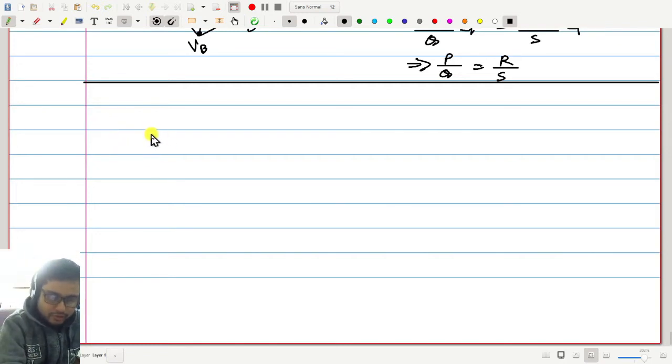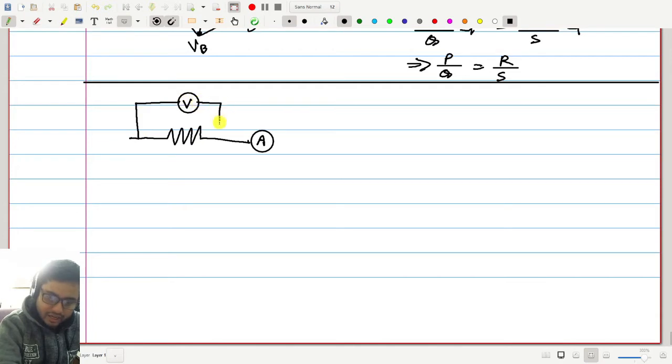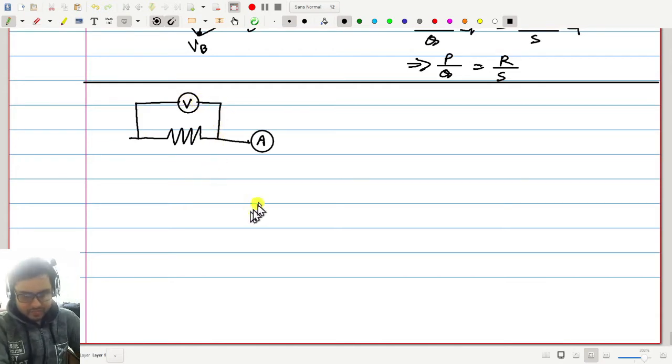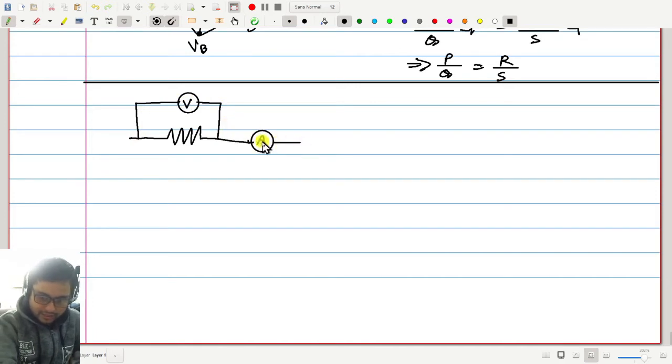Suppose we have a piece of resistance, and you measure the current through it with an ammeter, and you measure the voltage across it with a voltmeter. Right now you ignore the fact that the ammeter is not measuring the actual current through the resistance, but it is measuring the sum of these two currents.